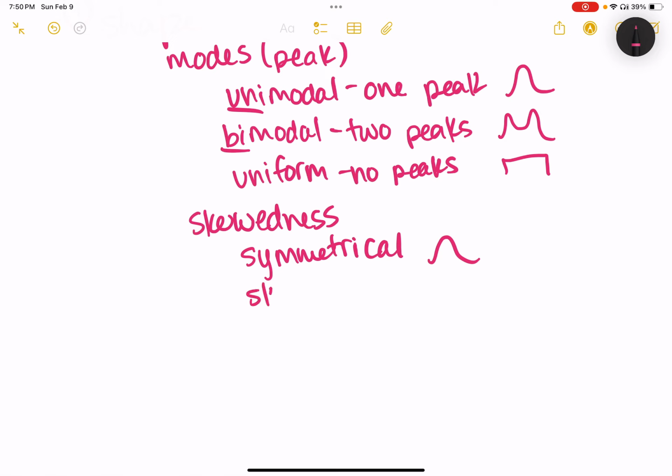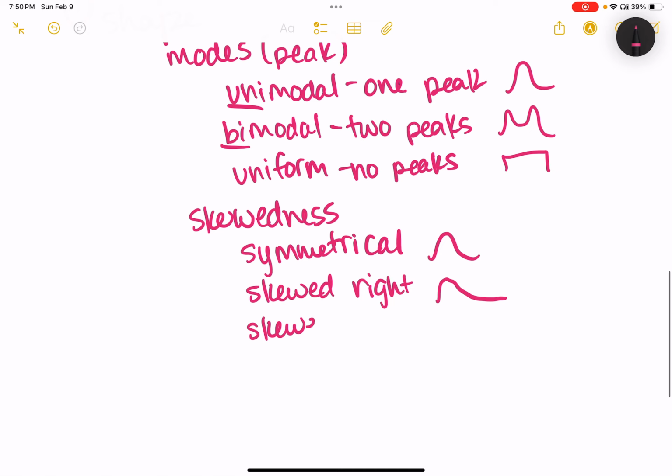Your data could also be skewed right, which when you're first learning this, you may just have to almost memorize that it's opposite what you may think, because skewed right data actually looks like that. So your peak is actually over towards the left. And then lastly, your data could be skewed left, which I'm sure you could guess is going to look something like that. So the peak is actually off to the right side.